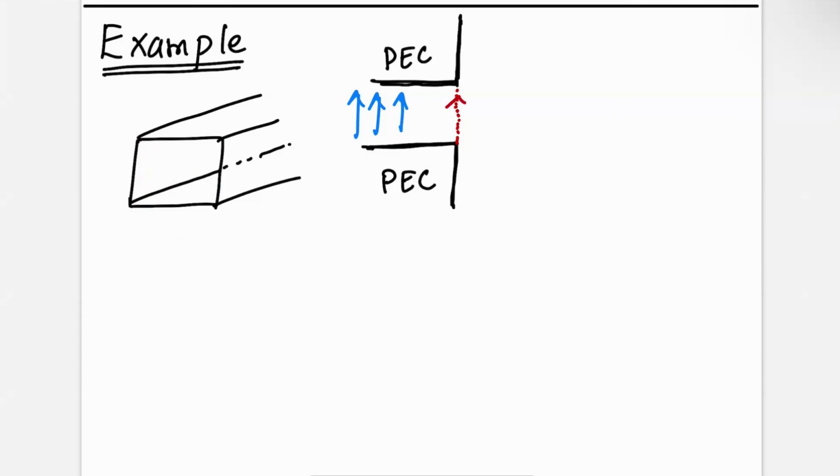So what I can do, so I have some E on this side and H on this side. Right? So what I can do is I can place some currents on this plane. So I place a current JS, another current JMS on that surface, which are equal to minus n hat cross E and n hat cross H.